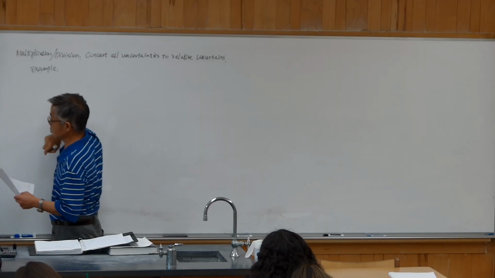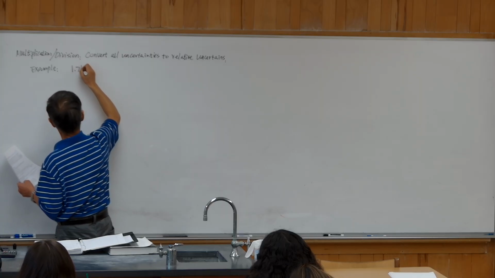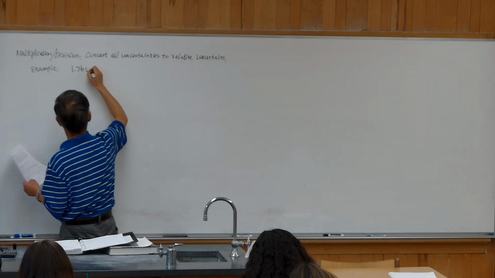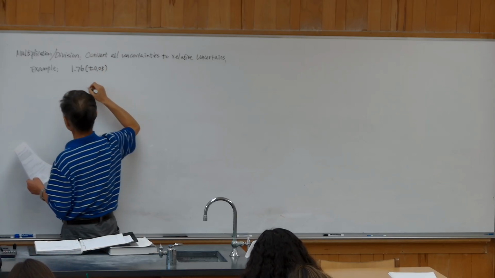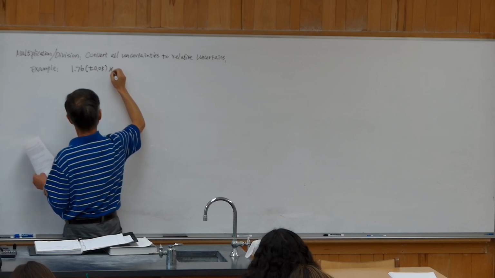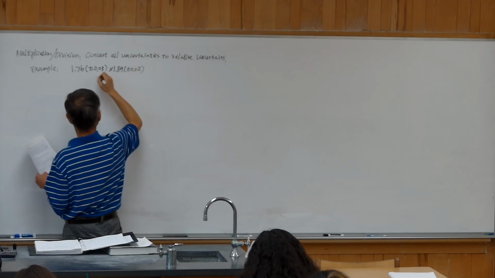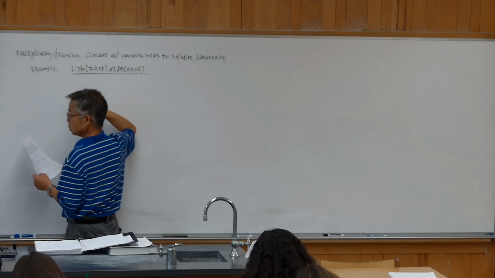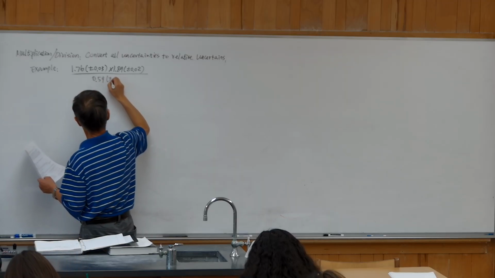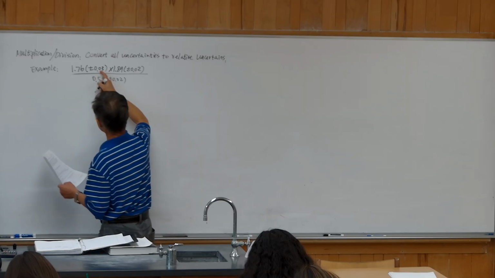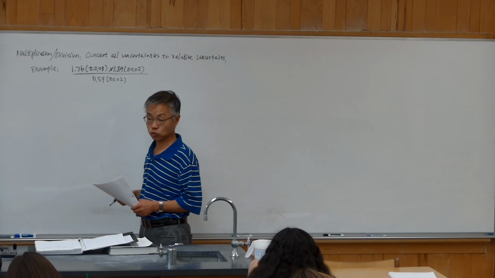We still use these three readings as the example, but this time the operation is multiplication and division: 1.76 multiplied by 1.89 divided by 0.59. Again, the number inside the parentheses means the uncertainty or random error.